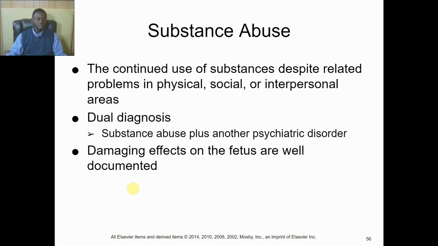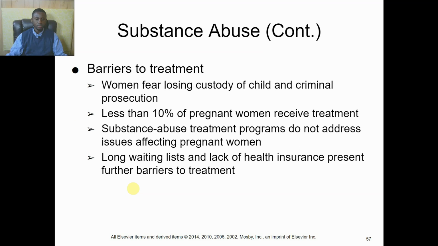For example, as we talked about earlier in the previous presentations, if the patient is addicted to pain medications, such as hydrocodone or any opioids, then the fetus will be born dependent on the opioid and they are going to have withdrawal symptoms.